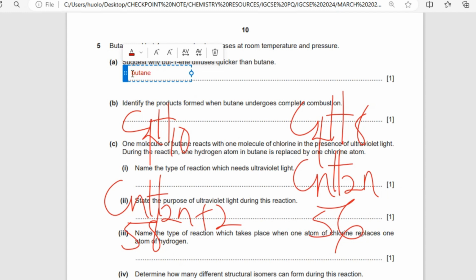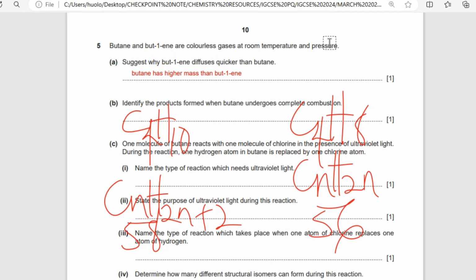Butane has higher mass than butanone. Okay, that's that.